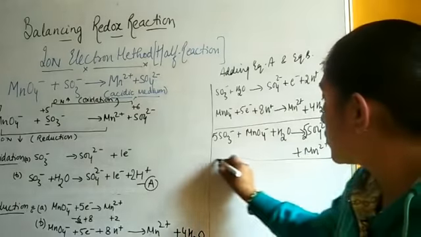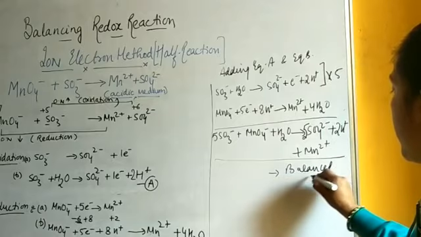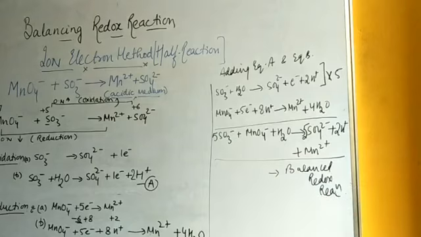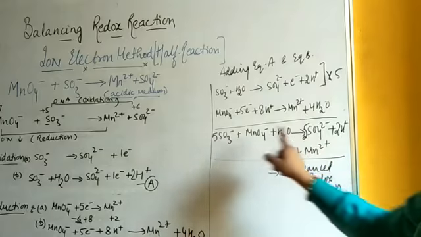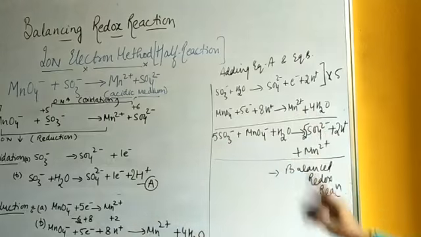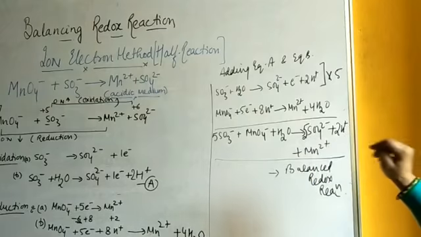Now this equation, student, it is the balanced equation, right? So it is 5SO3 negative plus MnO4 negative. Mn is also balanced. Oxygen: 5 threes is 15 plus 4 is 19 plus 1 is 20, and here 5 fours are 20. Hydrogen we have 2, here also it is 2, right?